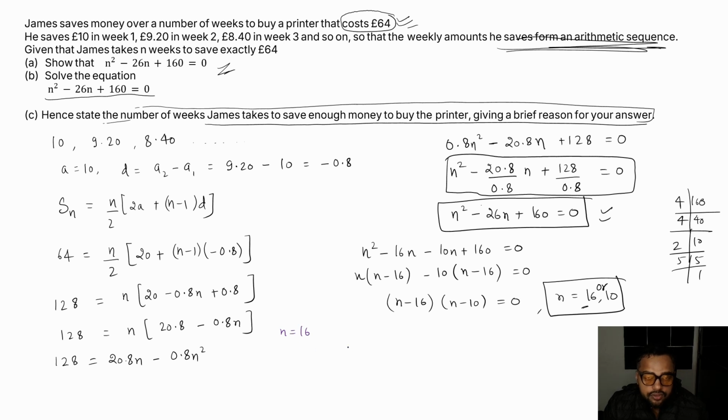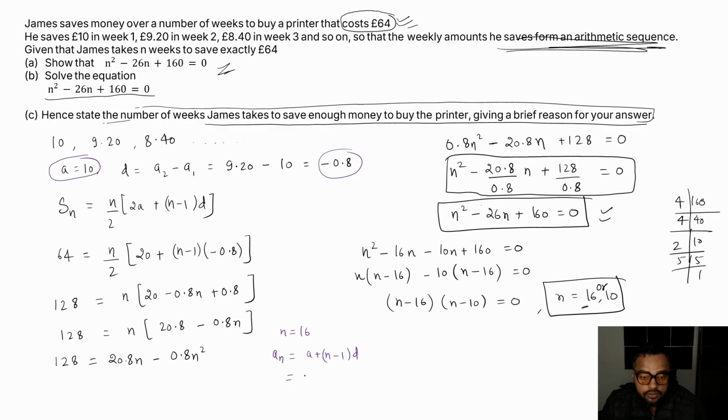For n equals 16, since a was 10 and d was negative 0.8, is it possible? Let's see. an is equal to a plus (n minus 1) times d. This is the general formula for finding the general value.